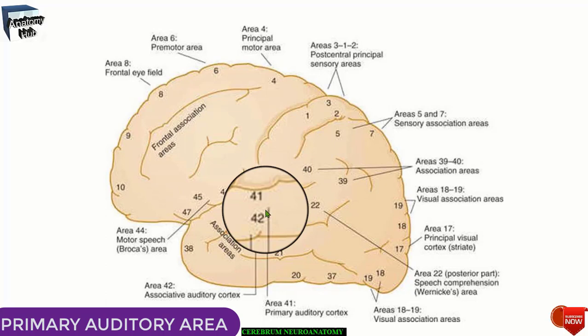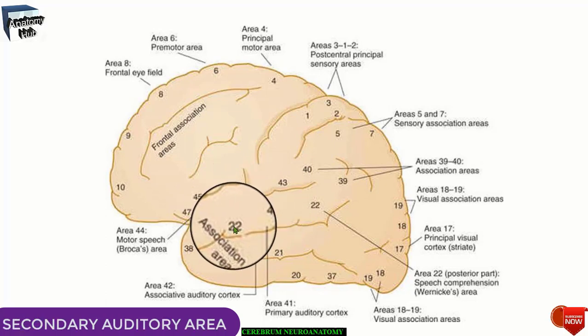Then you will find the area number 22 over here. This is the secondary auditory area, or the auditory association area, or you can say the Brodmann's area 22. This secondary auditory area is situated on the lateral surface of the superior temporal gyrus, slightly posterior to the primary auditory area, which it surrounds, and it receives the auditory impulses from the primary auditory area and correlates them with past auditory experiences and the present auditory experience.